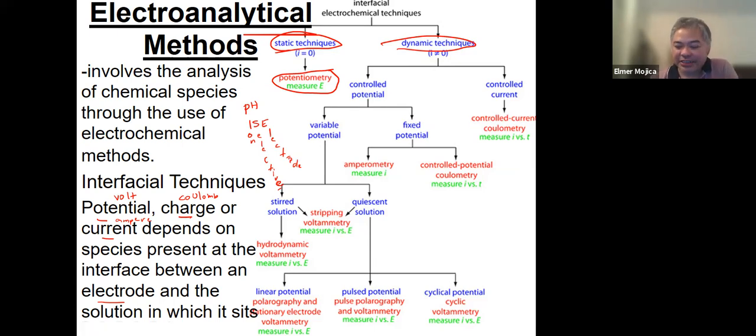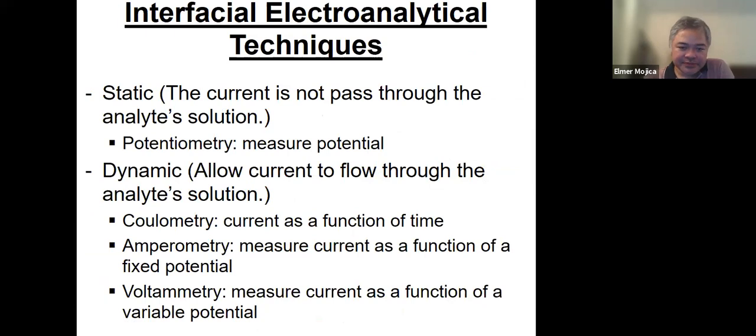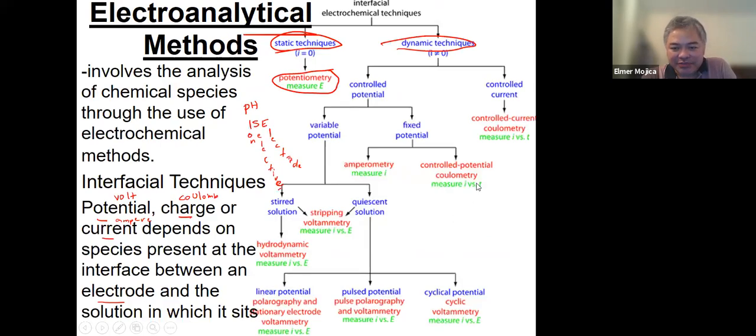Now in the dynamic techniques, you allow the current to flow through the analyzed solution. It can be either coulometry, amperometry, or voltammetry. That's the main specialty of the dynamic techniques. But they also have subdivisions.